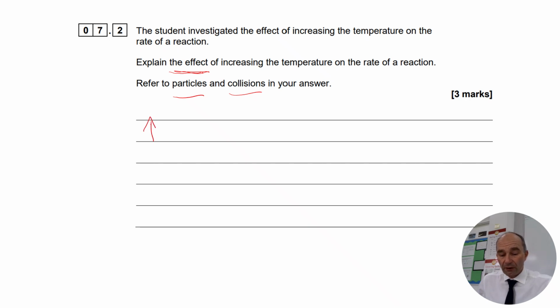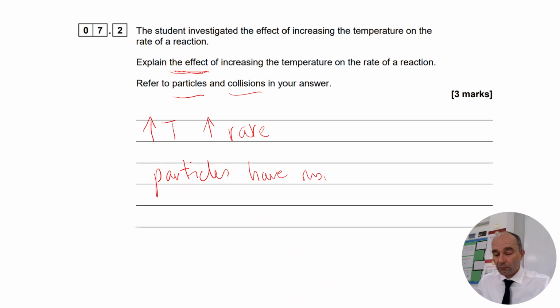So increasing T increases the rate of reaction. Why is that? Well, we've used our first keyword, particles: the particles have more energy.